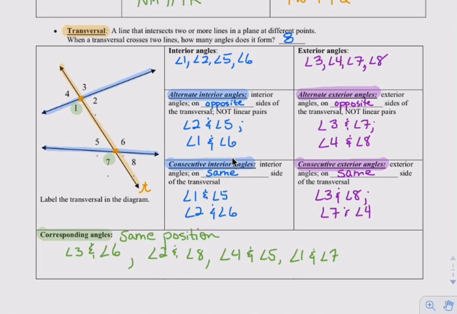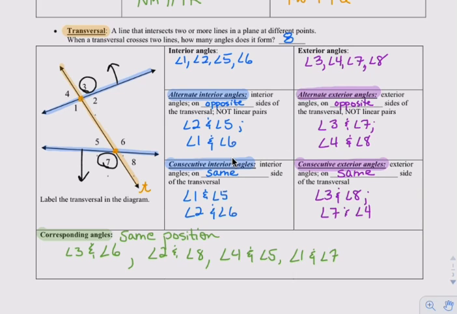Alright, so again, to kind of recap here, interiors are the ones between the lines. Some of them are alternate interior on opposite sides of the transversal. Some of them are consecutive interior on the same side of the transversal. Some of the angles are exterior angles, and then you've got ones that are on opposite sides of the transversal.